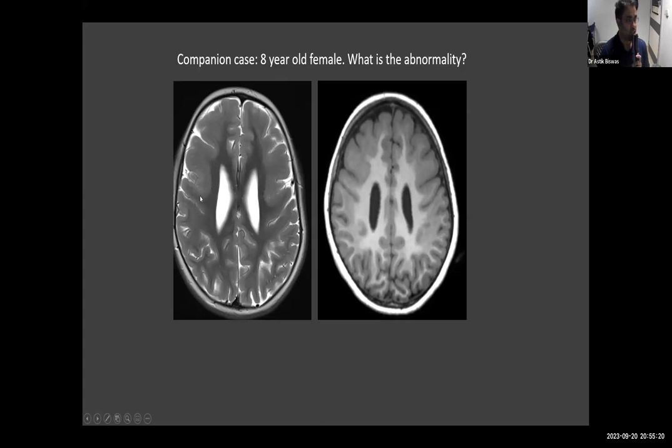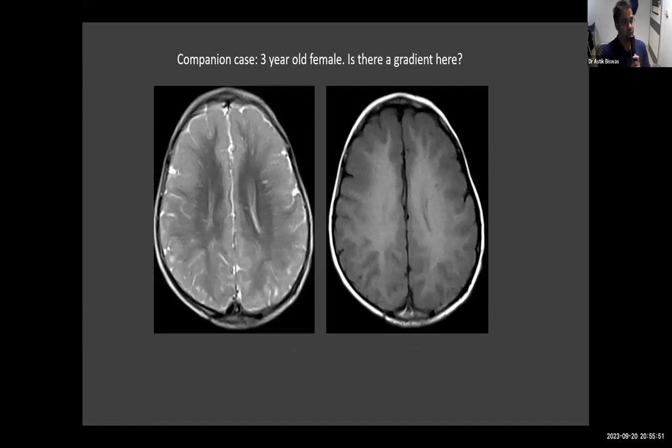So this is a subcortical band heterotopia, and this involves the anterior lobes more than the posterior lobes. And this is important because most females with DCX mutations tend to have this milder phenotype, whereas males with this mutation tend to have the more severe phenotype of pachygyria and agyria. And that's because it's an X-linked disease.